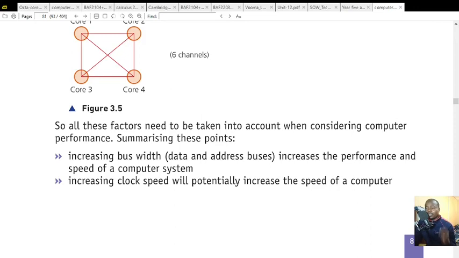So I think today we have looked at those elements and we've said that computer performance is affected by these elements in a great way. When we are considering the speed of the computer, we will not only look at the clock speed, we'll also look at the size of the data bus and the address bus, because control buses don't need to be that huge, since their work is just to send signals.